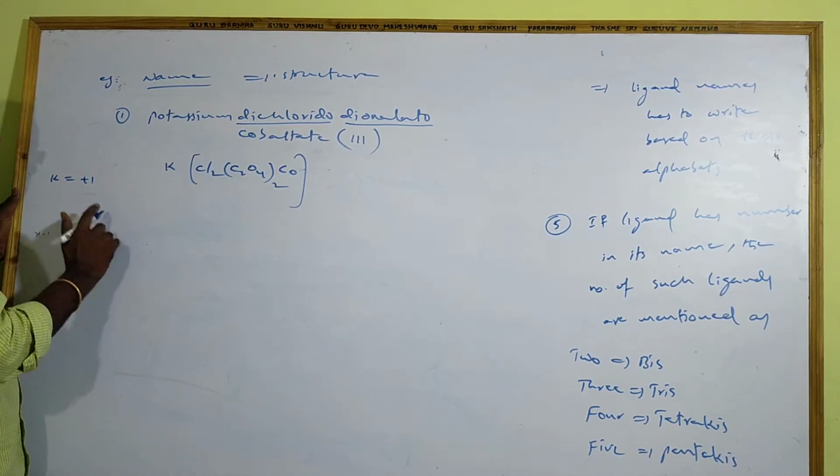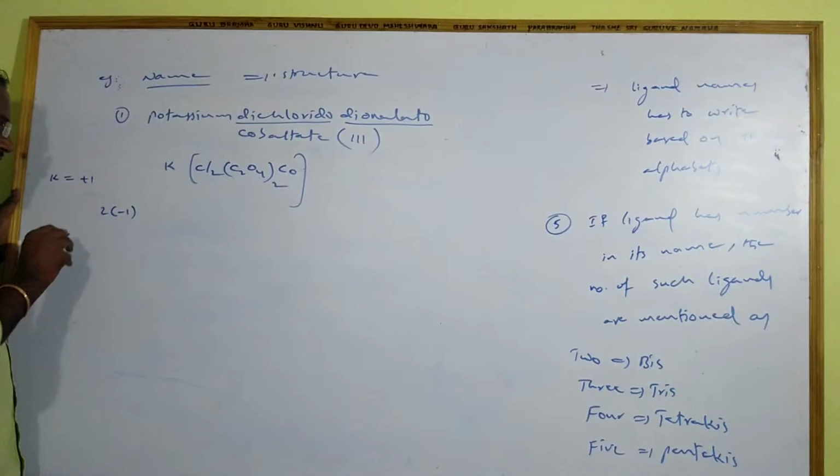So in this complex, 2 chlorines are there. Its charge is always minus 1. Then 2 oxalates are there. Its charge is always minus 2. C2O4 2 minus. In this complex, Cl minus and C2O4 2 minus are the ligands, oxalate and chloride.